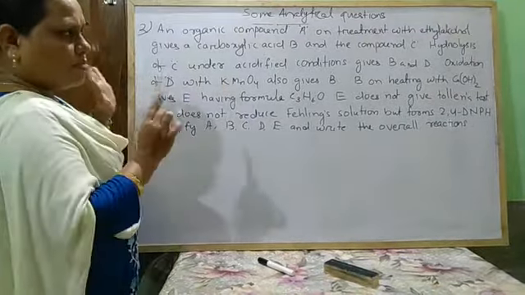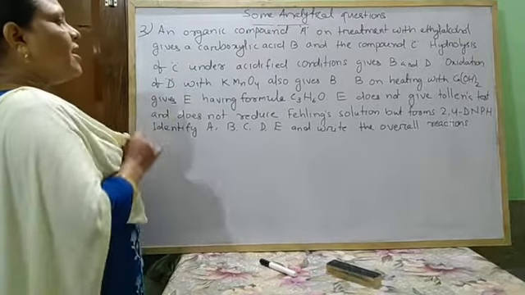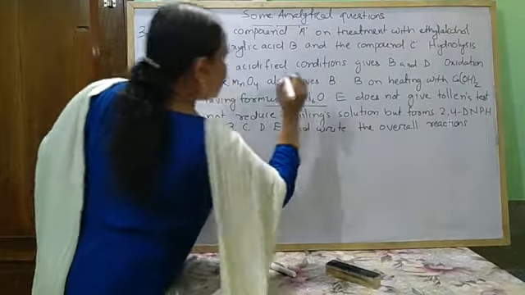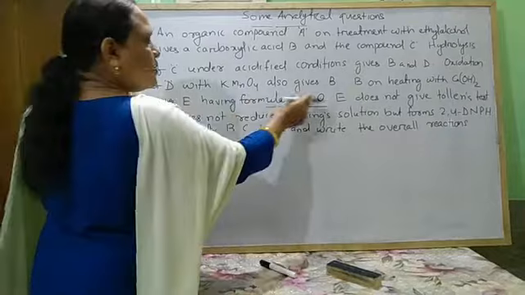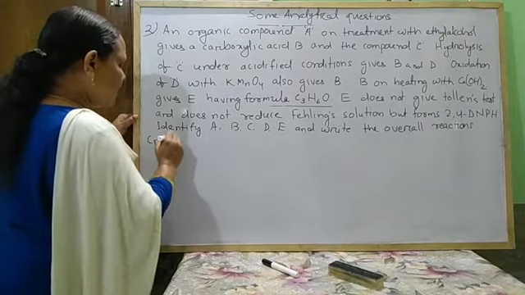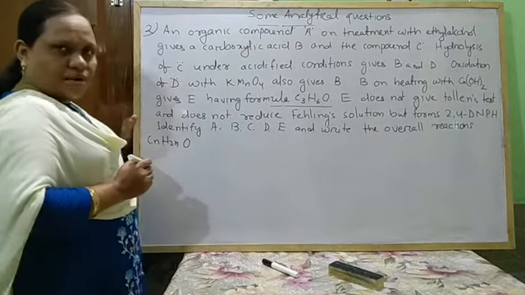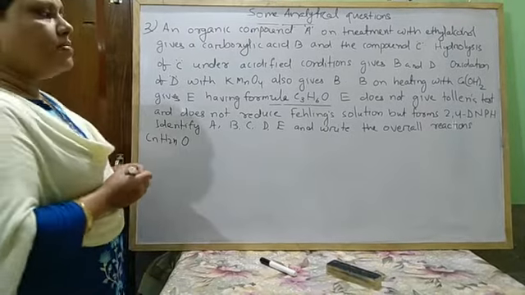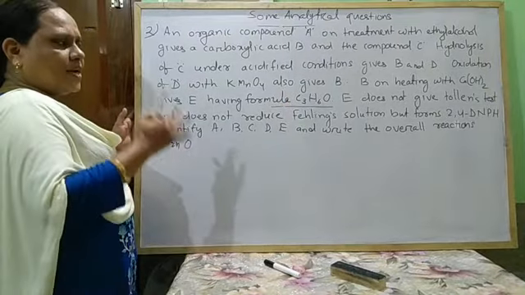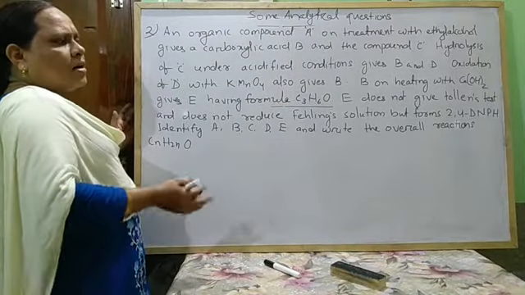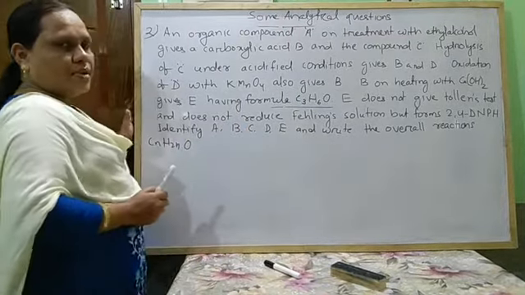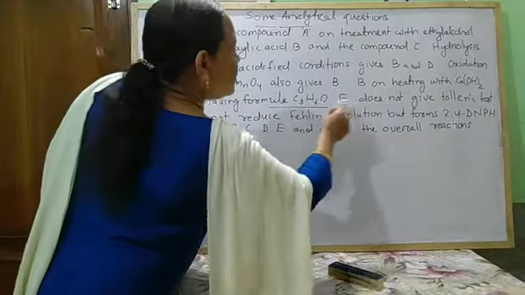So from all this, when I read this question 2 to 3 times, I find some clue here. That is, the compound has formula C3H6O. As the compound has formula C3H6O, that is your CnH2nO form, it may be an aldehyde, it may be a ketone, or maybe an enol.